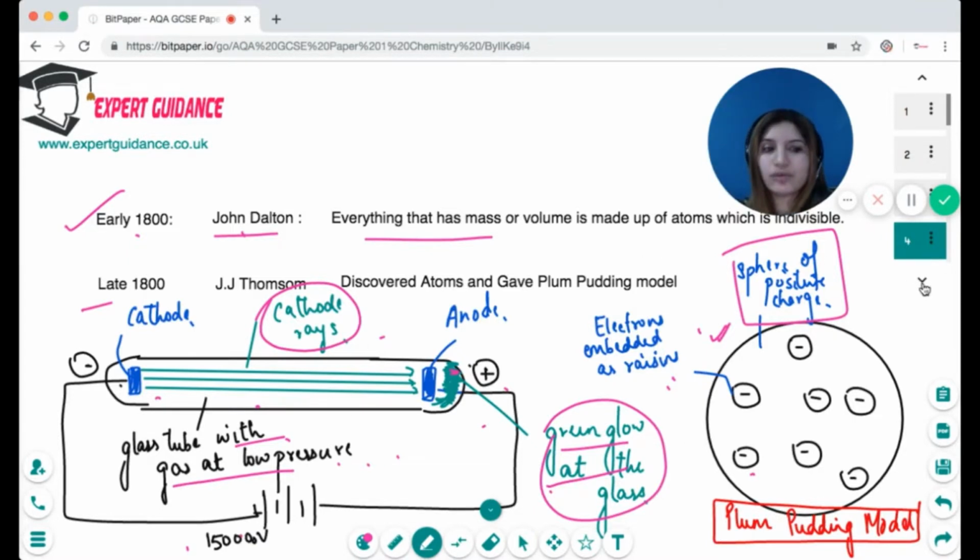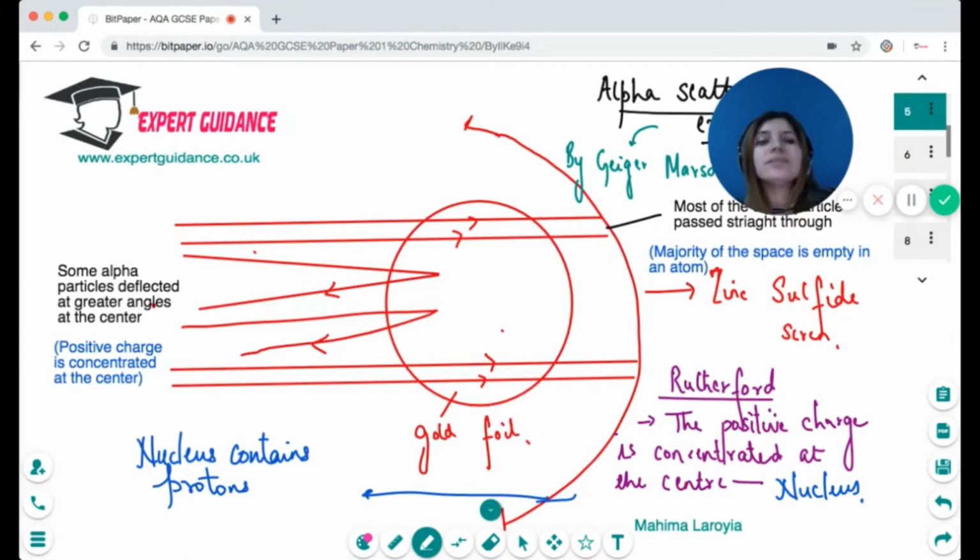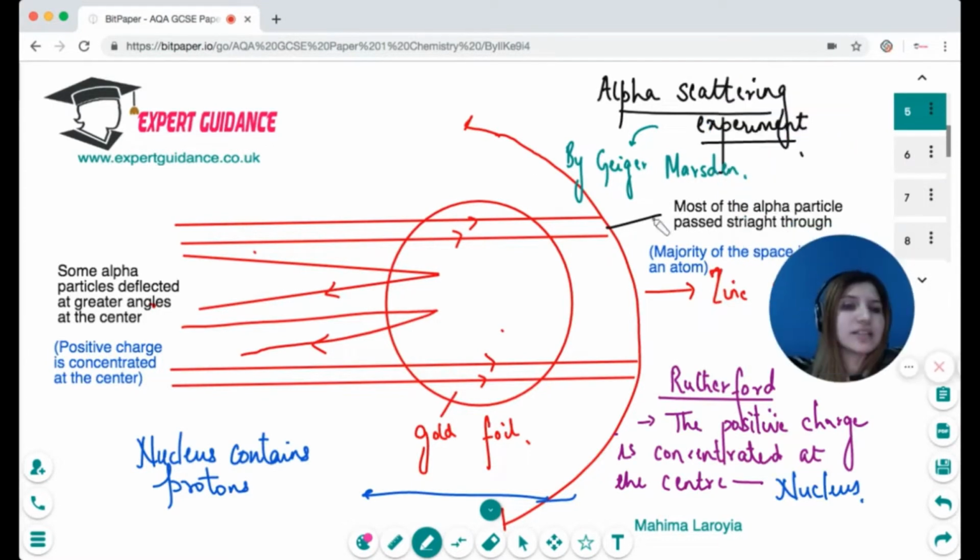Now, at that time there were other scientists, Geiger and Marsden, who were doing the alpha scattering experiment. They took a gold foil, and on this gold foil they bombarded alpha particles.